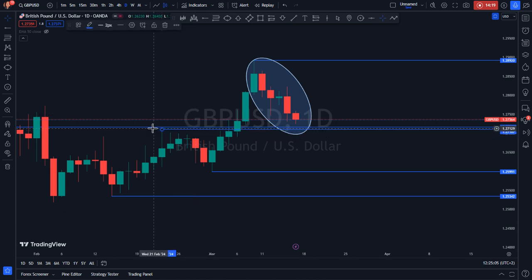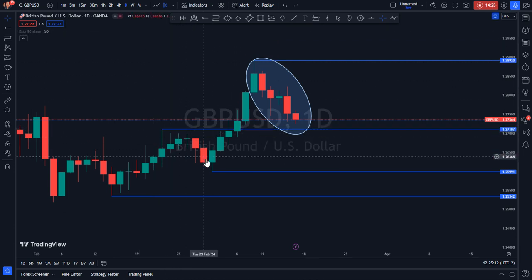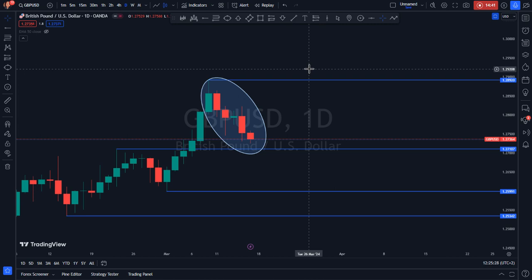I think we can just remove this line and say it's the same line as this one. The market also touched again here, and then it rejected that line that we saw on a weekly time frame. It broke that line and went all the way up. Now it's coming down. You see now the possibility that when it retests the very same line that we saw on a weekly time frame, the market is going to shoot all the way up.